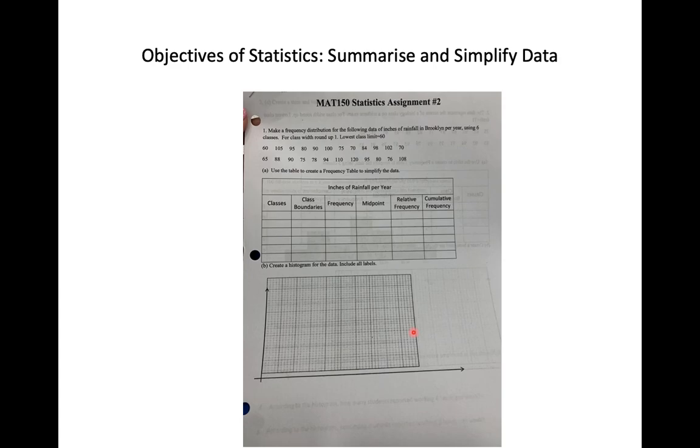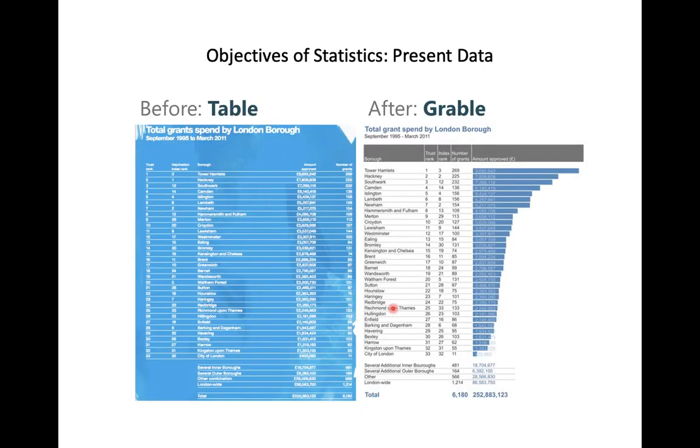But when we are doing that, the information that we have will slowly be reduced. But when the information is reduced, it becomes more understandable. So the second function of statistics is that it allows us to present our data more clearly.